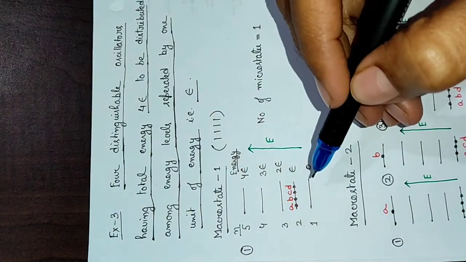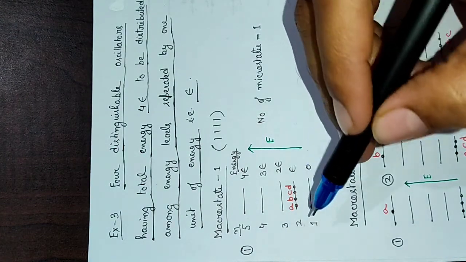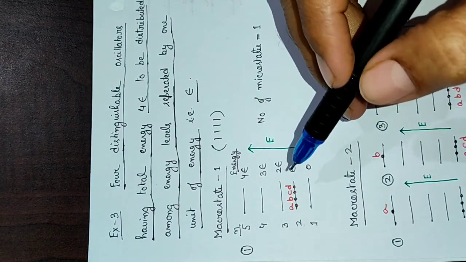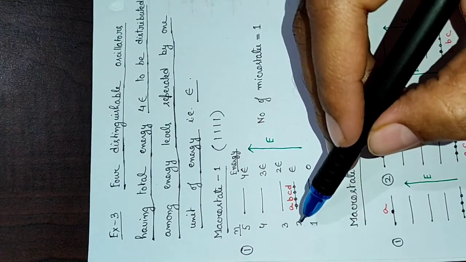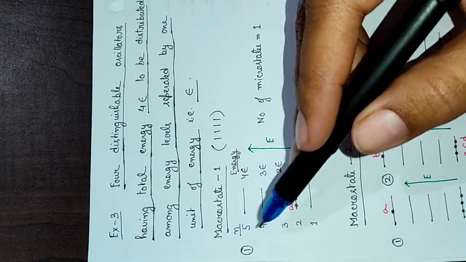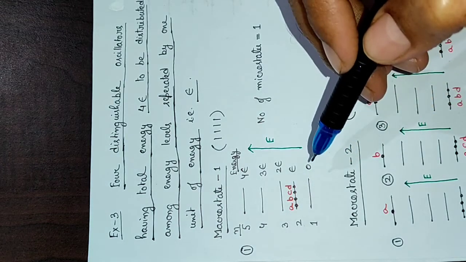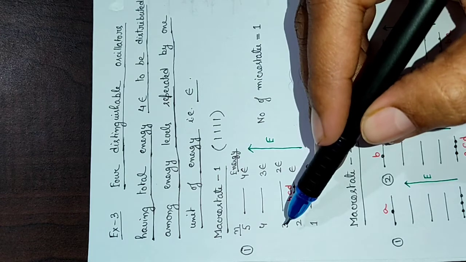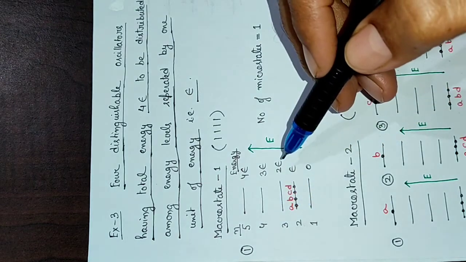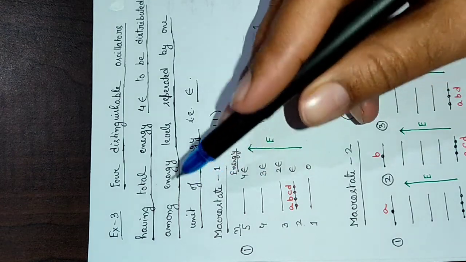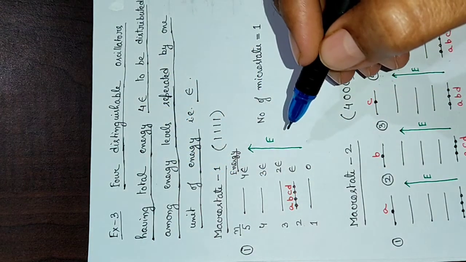So we have the energy levels: the first one is the ground state having energy 0, the first excited state, here we are assigning it as quantum number 2, has energy epsilon, and in this way quantum number 3 has energy 2 epsilon, for 4 it is 3 epsilon, and it approaches in this way.